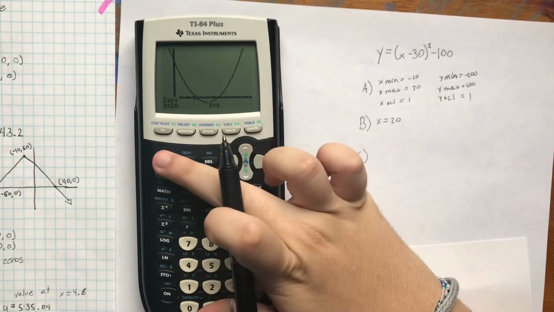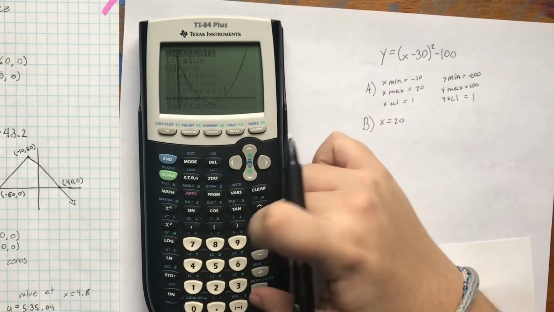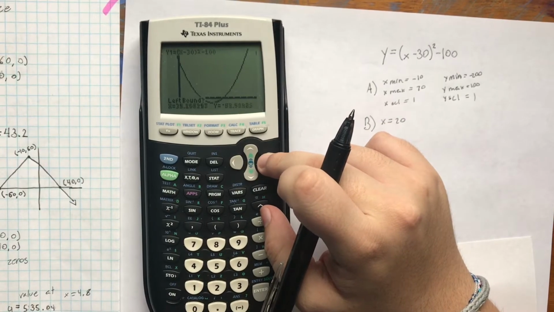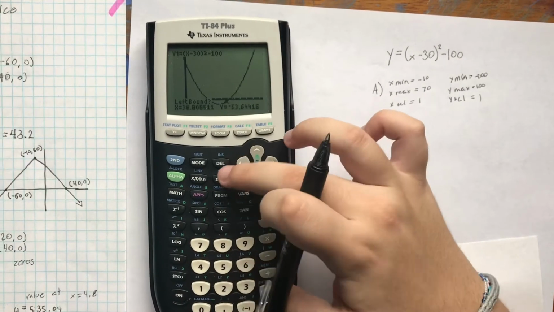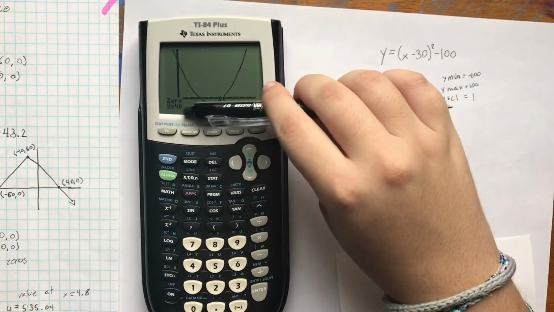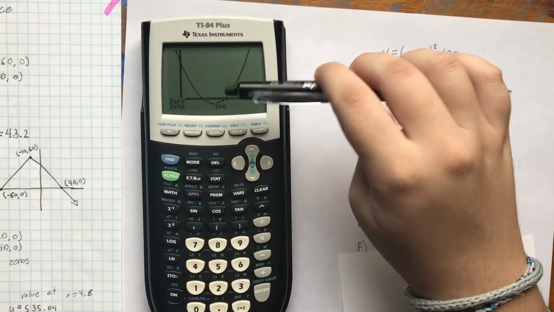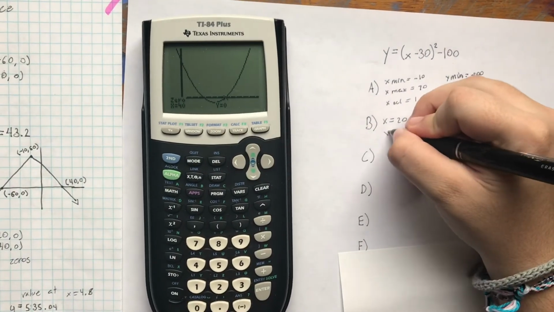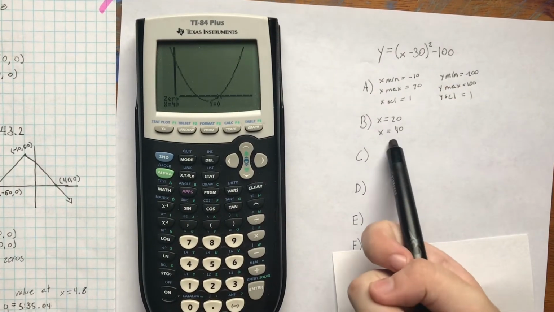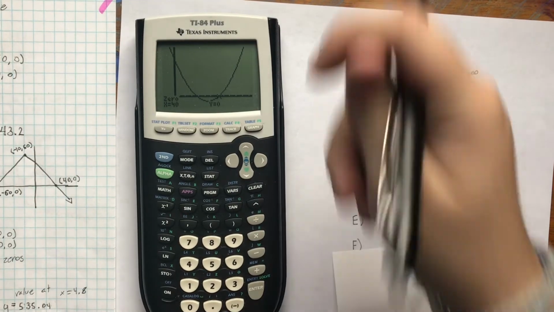To find your second zero, it's going to be the same thing, going back to that calculate and zero and putting in left, then right. So we've got our second zero, which is going to be at x equals 40 and y equals 0. So you can just put x equals 40. And that is your answer for B. Moving on to C, we need to find our minimum.